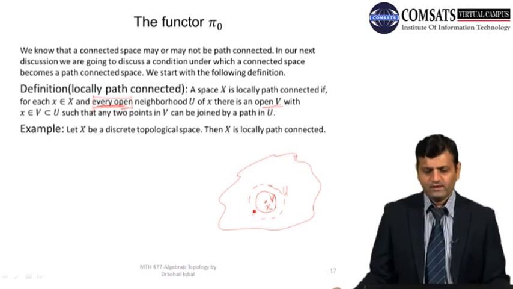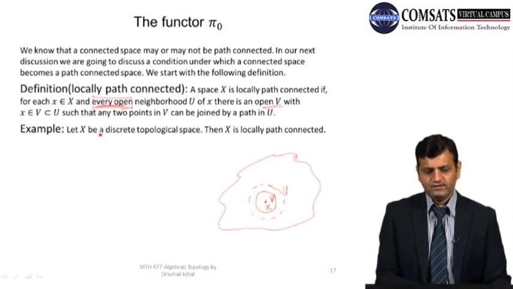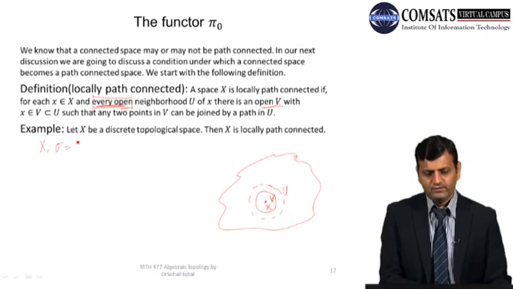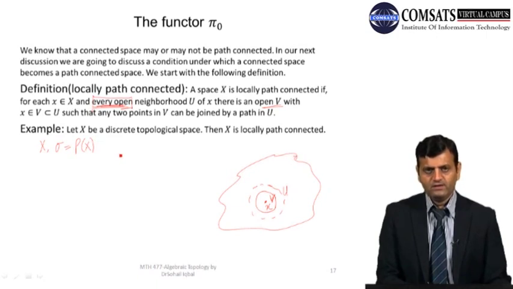Okay, so let's consider some examples. A discrete topological space. What is a discrete topological space? Take X and take the topology to be the power set of X, which is basically the collection of all subsets of X. So this is a discrete topological space. Then X is locally path connected.